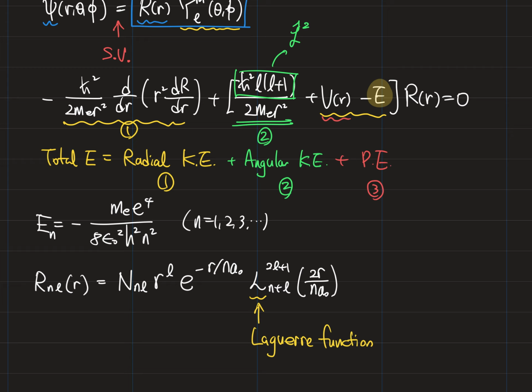This is a more advanced course of physical chemistry, so we have to take one step forward to understand why we have such a weird form for the radial part of the hydrogen atom. So let's derive that.